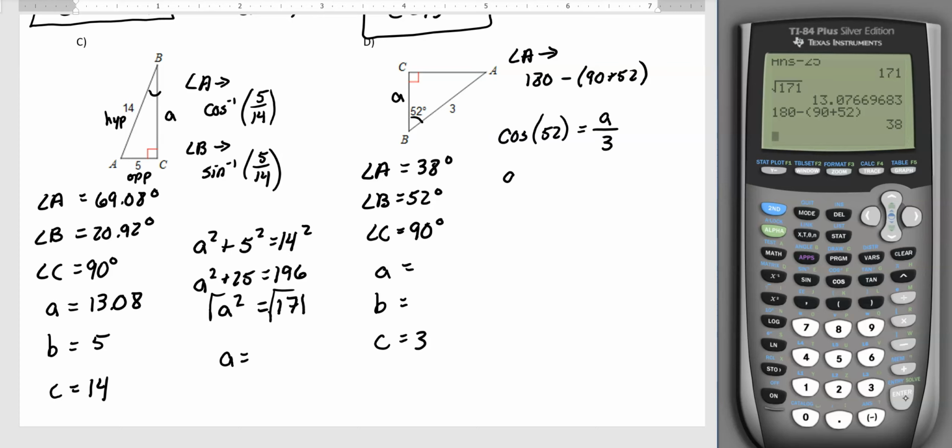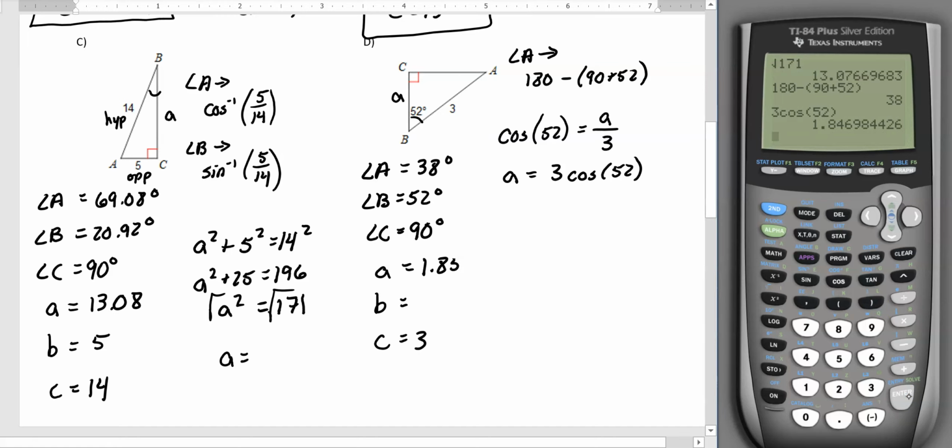Okay, so that would mean side A would be 3 times the cosine of 52. 3 cosine 52, close parentheses, 1.85. Very good.